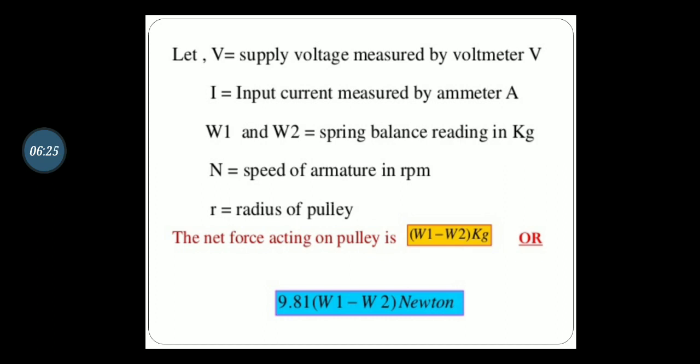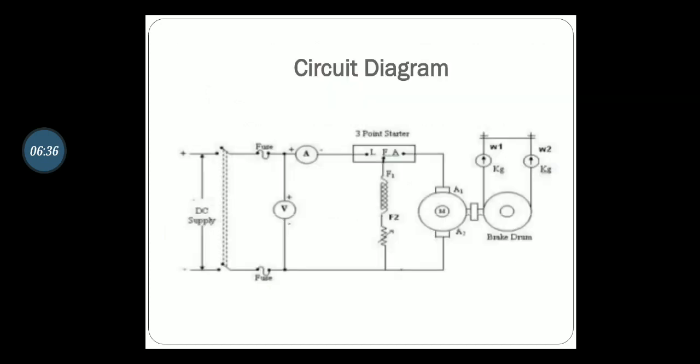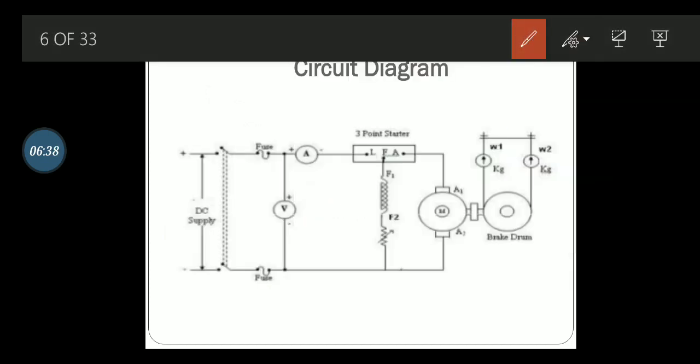of the brake pulley arrangement, N be the speed of the armature in RPM, and R be the radius of the pulley. So if this is a pulley, its radius is R, that is the radius of the brake drum arrangement. This is a predefined value.